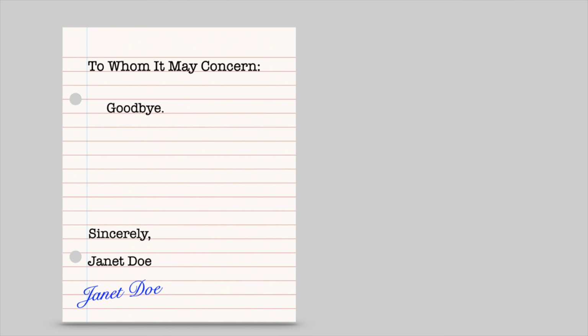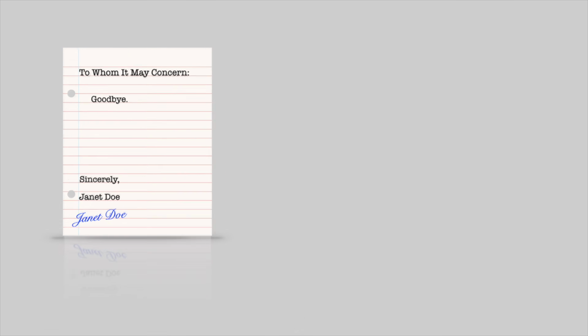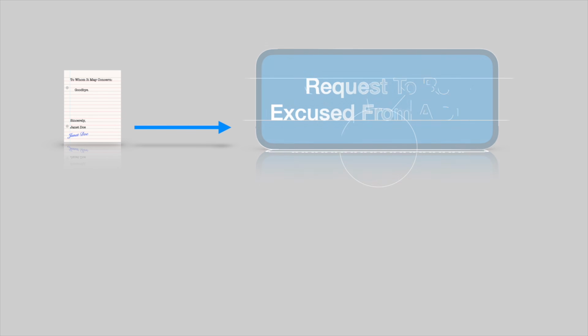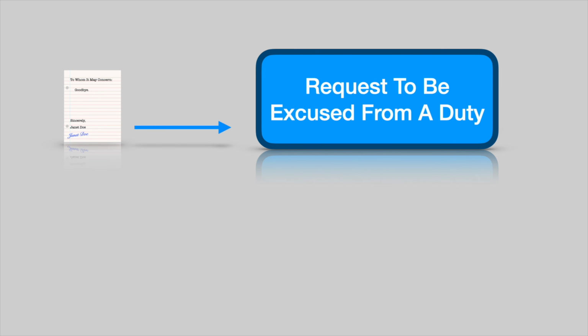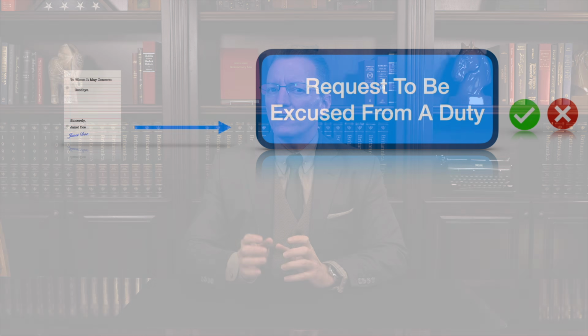So, a resignation, carefully crafted, in your own words, of course, is, as we mentioned earlier, a request to be excused from a duty, which may be either accepted or rejected. Now, if the appointing power is an individual, such as the president, CEO, or executive director, then that individual has the authority to accept or reject the resignation.